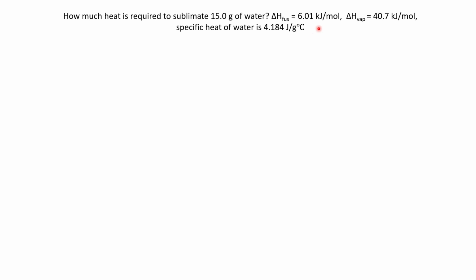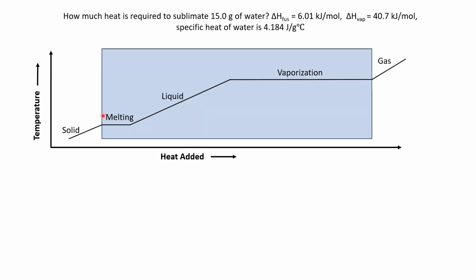Okay, so you remember in the previous slide, to get a heat of sublimation, we need to calculate the heat it takes to go from starting to melt at the melting point all the way to when we have vaporized the sample at the boiling point. So these 3 steps here we need to add together.